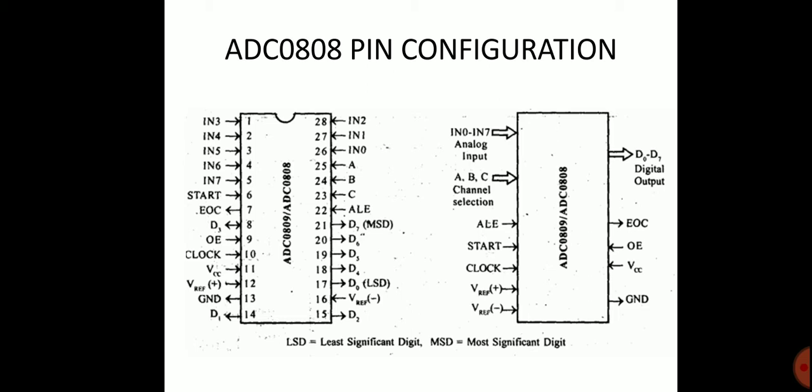Pin 11 is VCC, a 5 volt supply, and there are the reference voltage and ground pins. The data outputs D0 to D7 are the output port of the ADC 0808.